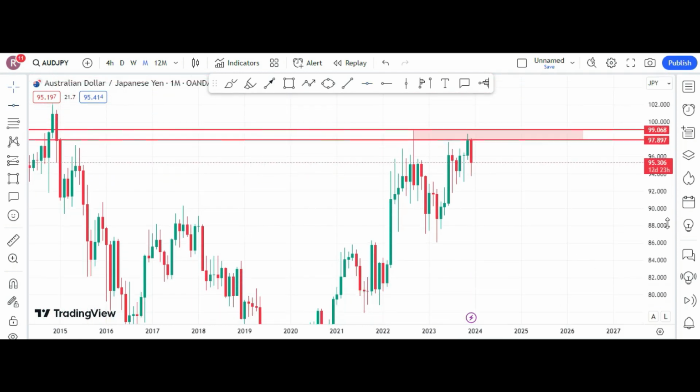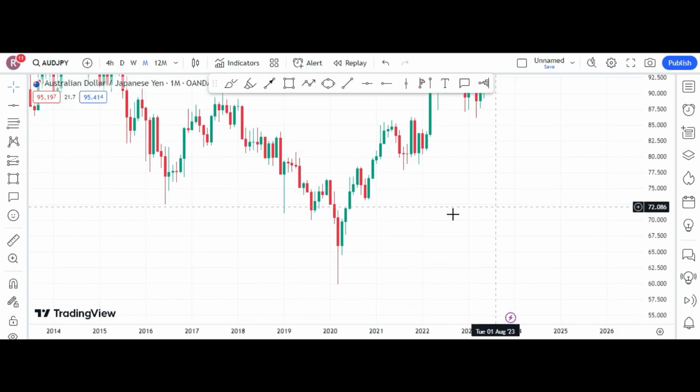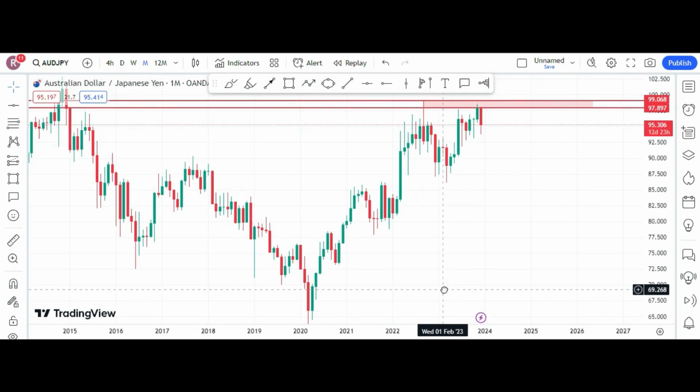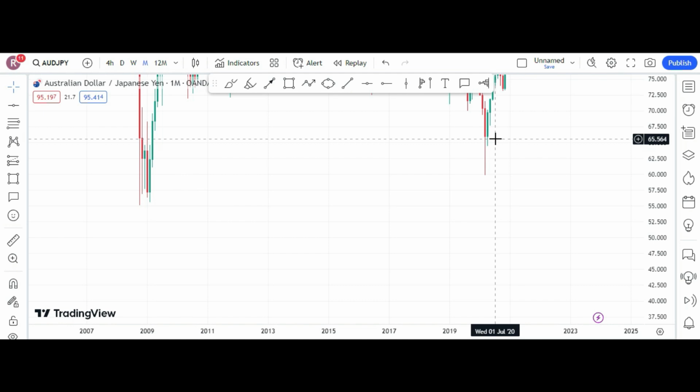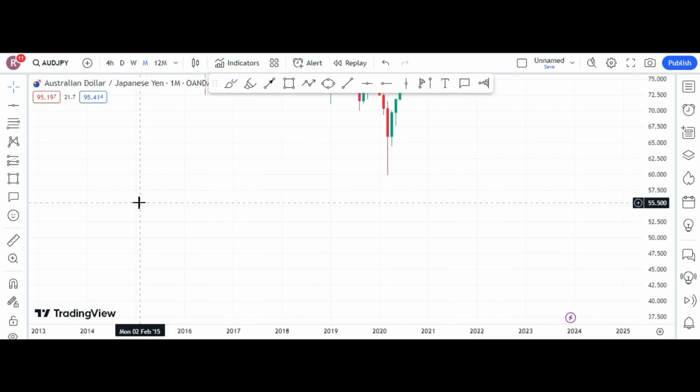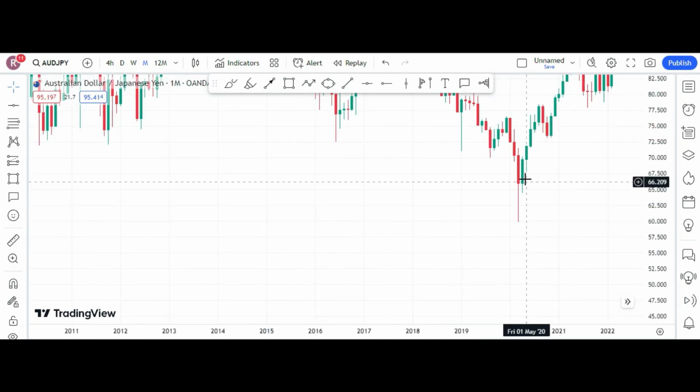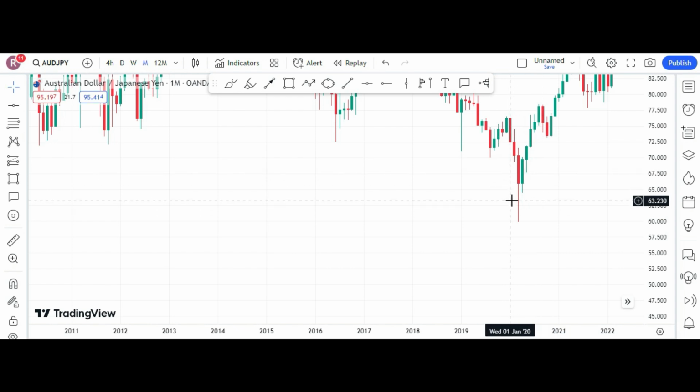And on the bottom side, this was the bottom created, and this bottom created this double top. If we go back a little bit, we can see that no double bottom has been created on the month. Now the question is, where is it coming from in that case? Actually it happened in yearly.